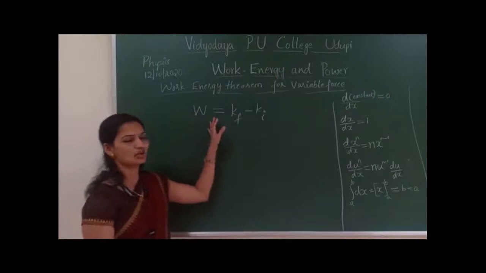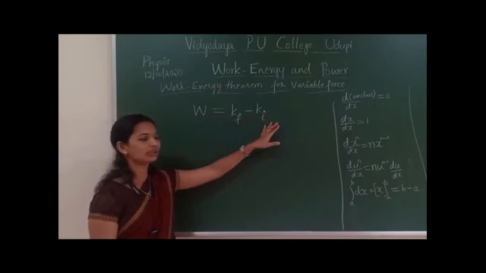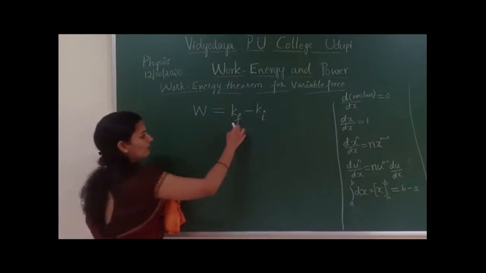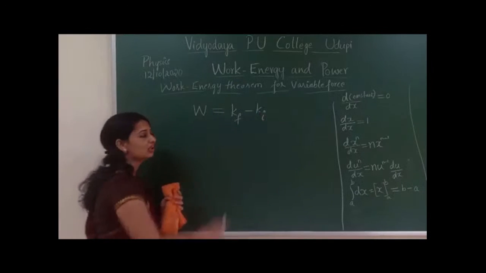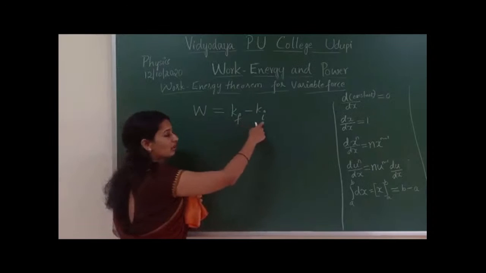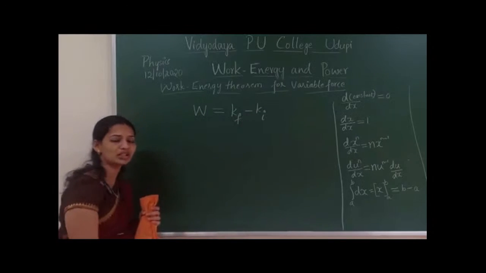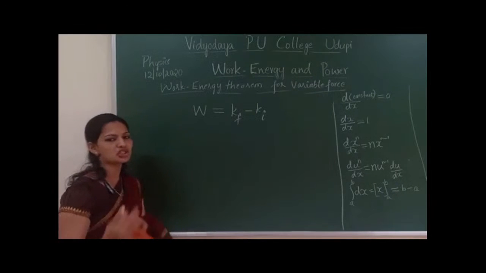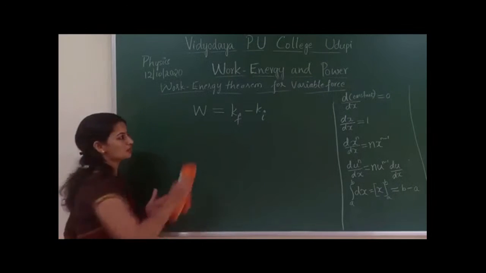That is, work done is equal to Kf minus Ki. Here Kf and Ki are the final and initial values of kinetic energy corresponding to the final position and initial position.